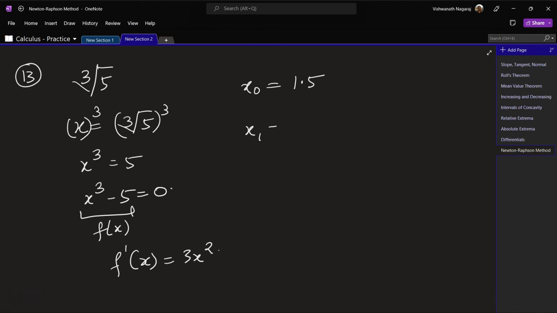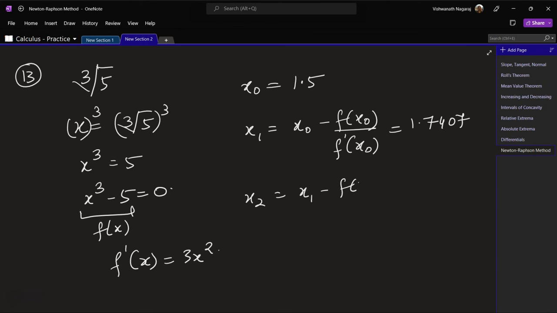Okay, so x1 is equal to x naught minus f of x naught by f prime of x naught. This will come to 1.7407. Second iteration, we get x1 minus f of x1 by f prime of x1, which gives us 1.7105.